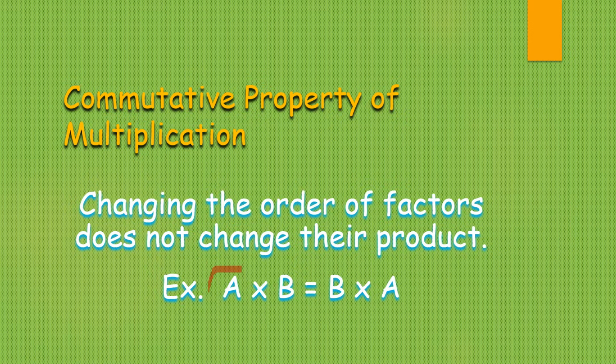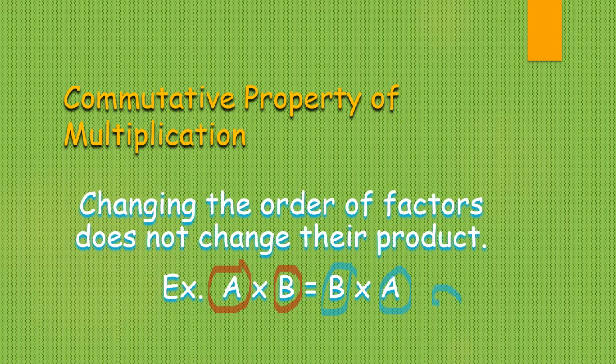Then A in first position before multiplication, B after multiplication. If we keep B as first, then what would be the result? You see, B into A, right? B into A.